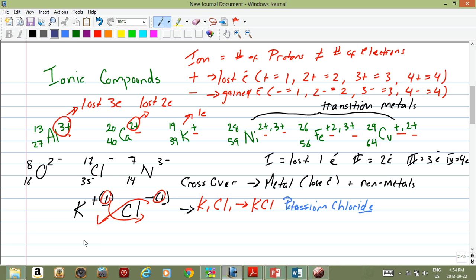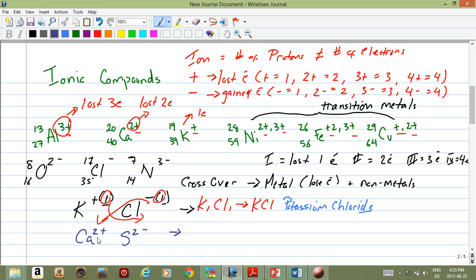So let's take a look at another example. Actually, sorry, you should always put the element that wants to gain electrons last, okay? So let's put calcium and sulfur together. Calcium wants to lose 2 electrons, sulfur wants to gain 2 electrons. So what would the crossover rule predict here?